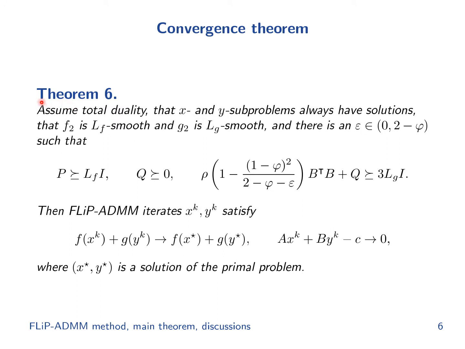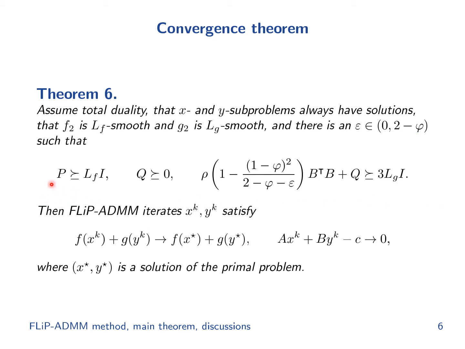Theorem 6 is the central theorem of this lecture. It gives a set of conditions under which FLiP-ADMM iterates xk and yk such that the objective sequence converges to the optimal objective and the constraint violation sequence converges to 0. The set of conditions includes strong duality, that both x and y subproblems have solutions, f2 is Lf smooth, g2 is Lg smooth, and there exists a scalar epsilon between 0 and 2 minus phi such that these inequalities are satisfied.